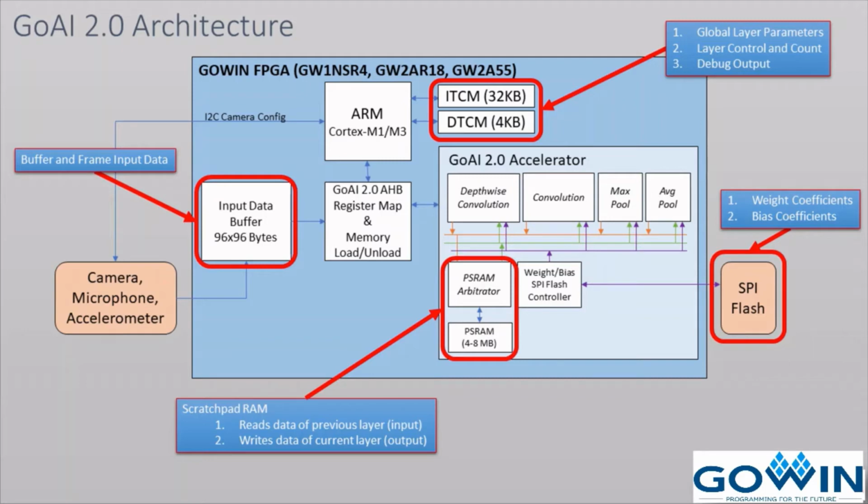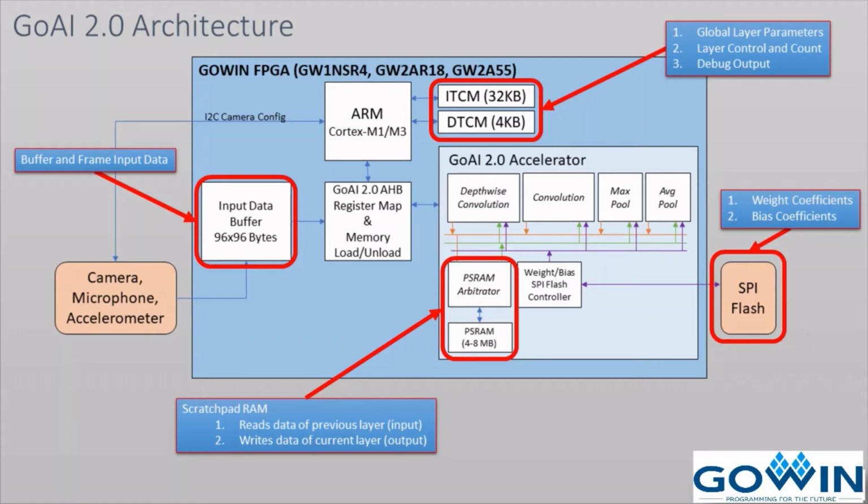Okay, so now I'll talk about the architecture underneath the micro SoC FPGA, and specifically talk about Gowin's Go AI 2.0 hardware architecture. So if you don't know, Gowin's Go AI 2.0 is basically Gowin's machine learning platform, and it includes two parts.